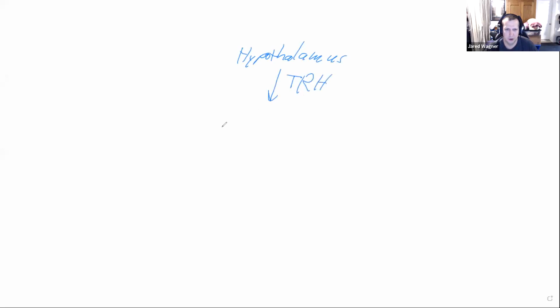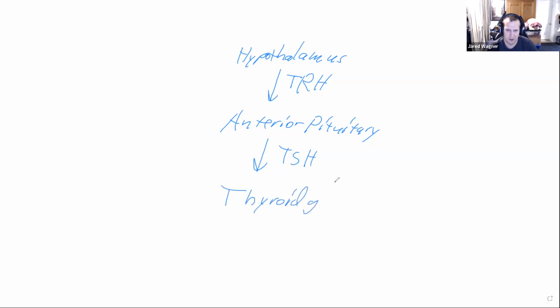That goes to our anterior pituitary, which in turn releases thyroid stimulating hormone, or TSH. And that goes to our thyroid gland, and that's going to release thyroid hormone, TH, right?